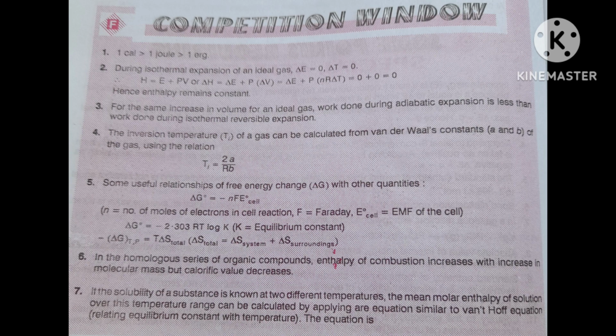Correct? n is the number of moles of electrons, or the number of electrons. You can remember it like that. But here it is the number of moles of electrons, because you are using standard conditions, so you should say number of moles of electrons. It is the number of electrons in the cell reaction.